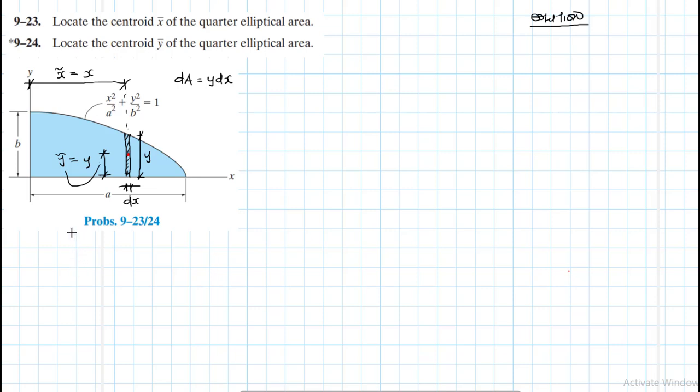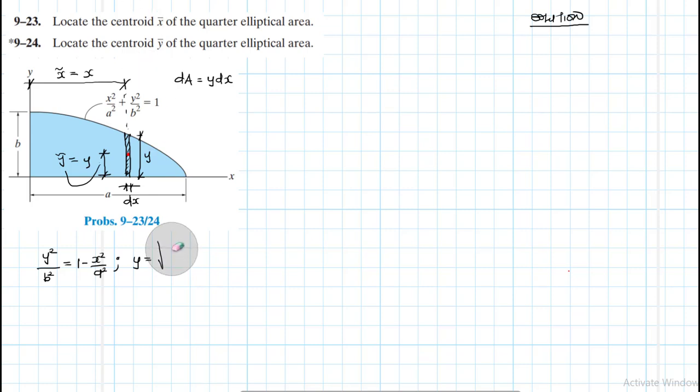So let's write the equation of y. We have y squared divided by b squared is equal to 1 minus x squared divided by a squared. Then if we make y the subject of the formula, y becomes the square root.